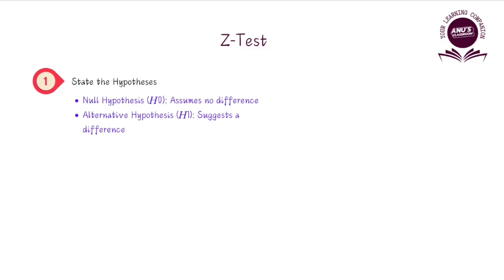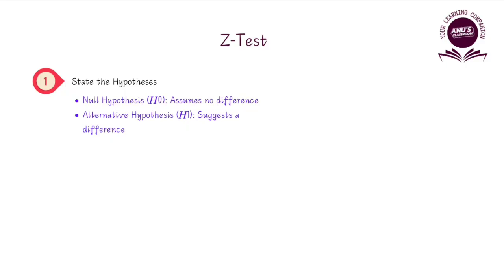That will be your null hypothesis. The alternate hypothesis will suggest a difference, like yes, there is a relationship between speed and time traveled. This is just an example. So you need to have a null hypothesis and at least one alternate hypothesis. That is the first step, no matter which test you are using.